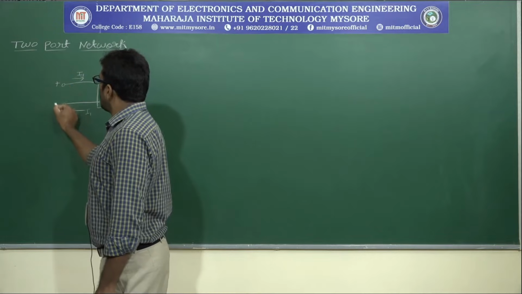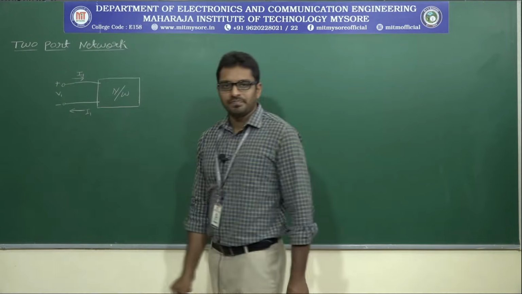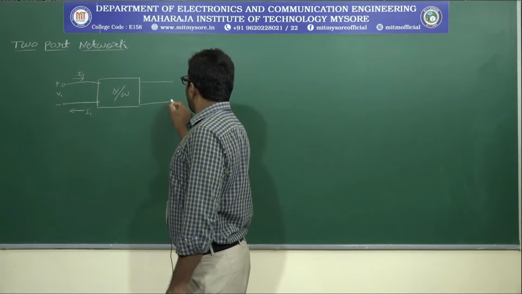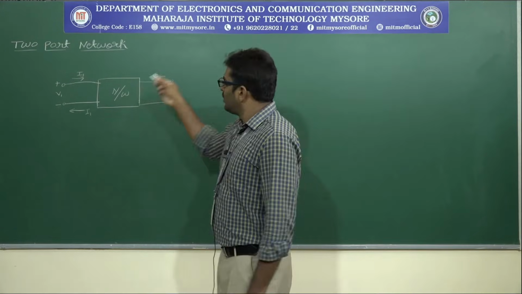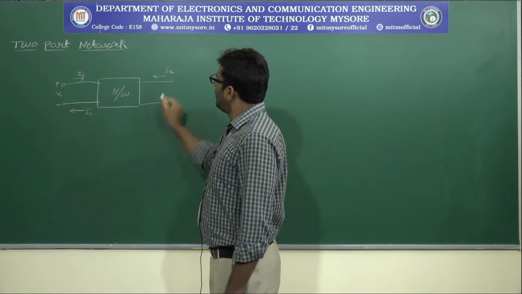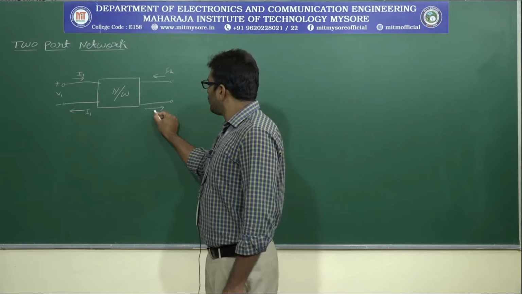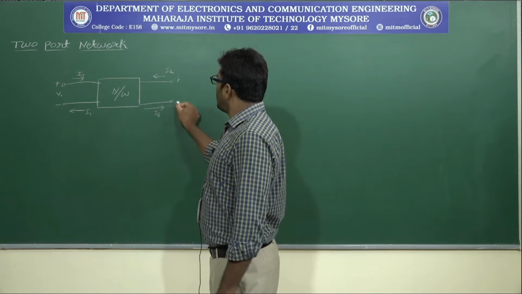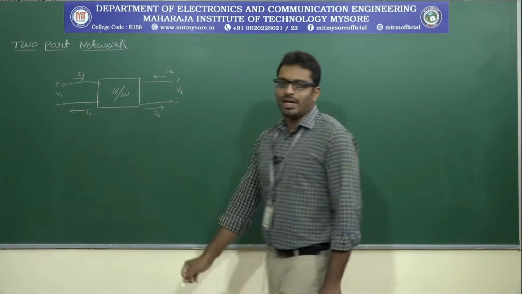The voltage across the input port is denoted by V1, and this one is the output port. Again, the current entering the network across the output port is denoted by I2. The current leaving the network across the output port is denoted by I2. Then the voltage across the output port is V2 with this polarity.